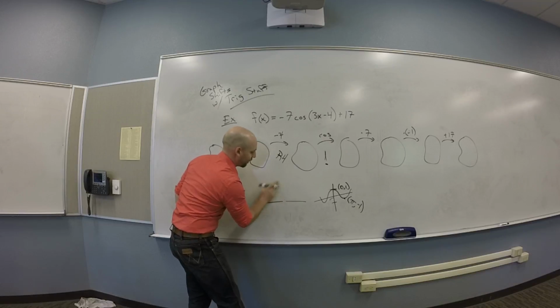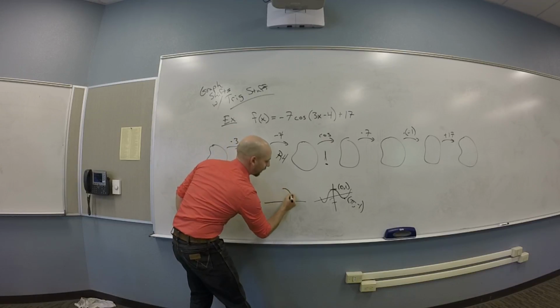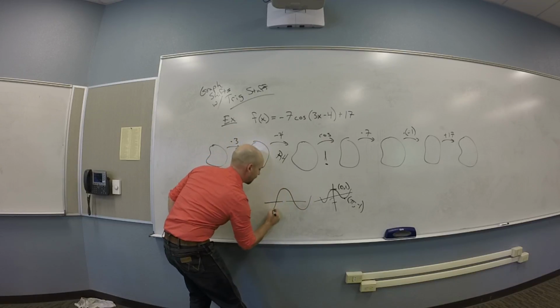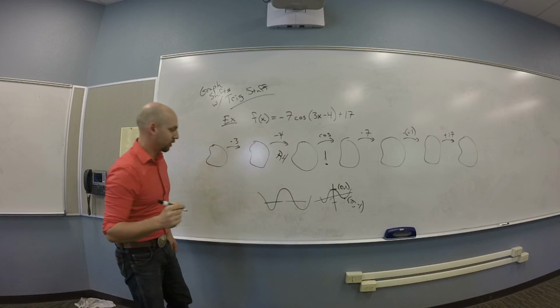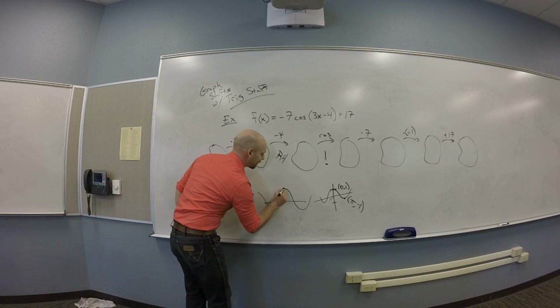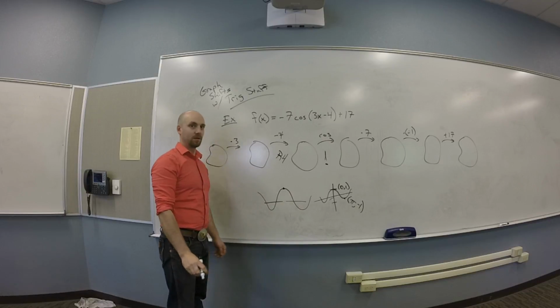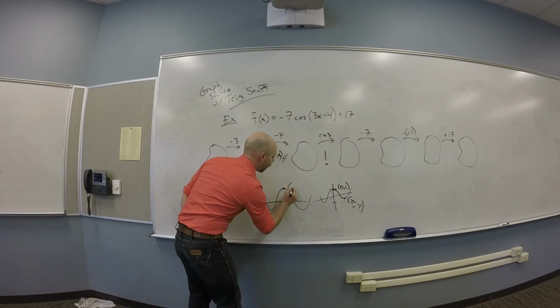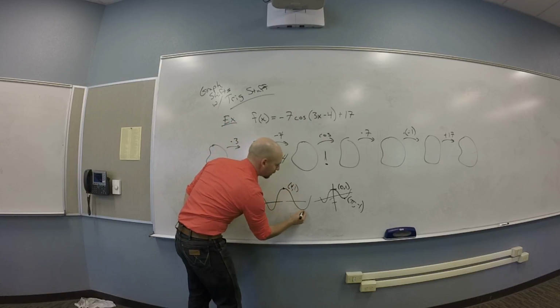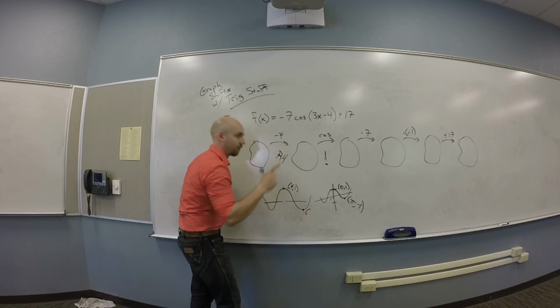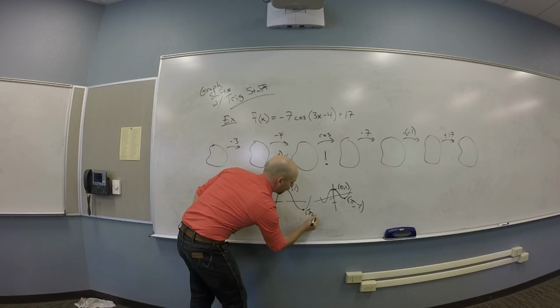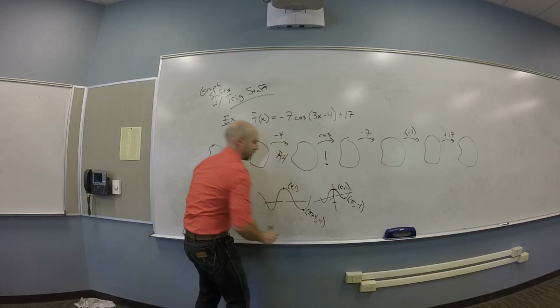Let me draw the cosine I had before. Where is this top bump? At (4, 1). Where's the bottom bump? At (pi + 4, -1). Beautiful.